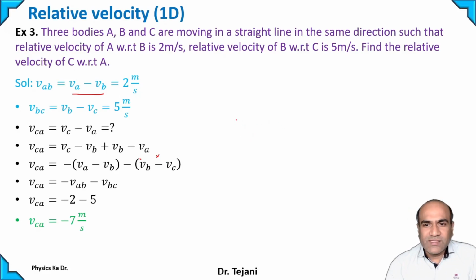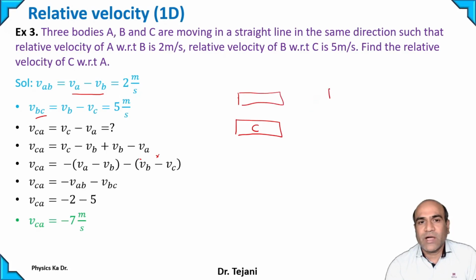Let us see it graphically once again. Say, for example, this is C and this is B, which is moving. The velocity of B, if the first letter comes first, the answer is positive.